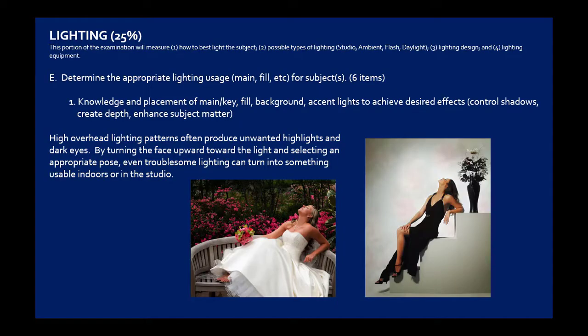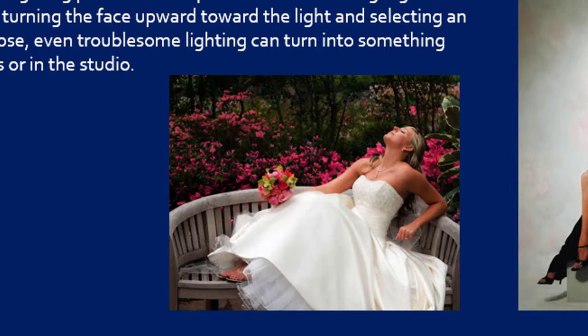Sometimes the environment gives us a cloudy day, and cloudy days, as we saw in an earlier study, create dark shadows in the eyes and create an unflattering lighting pattern on the subject. And so sometimes I just work with it. I'll turn my subject's face up towards the sky and just do something a little creative by having high overhead light.